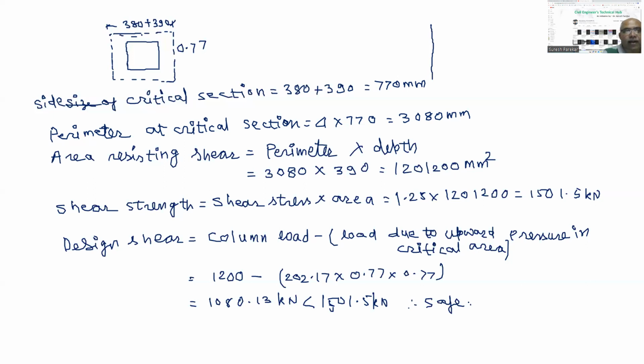Then we have the area of reinforcement. So we have step 5. Now this you can actually do yourself. Step 5, area of reinforcement.